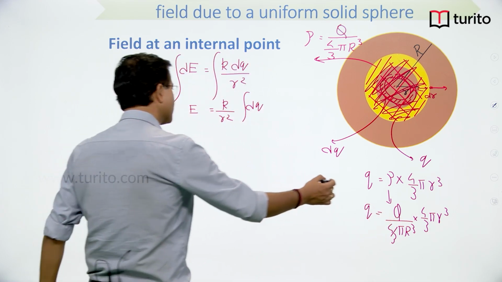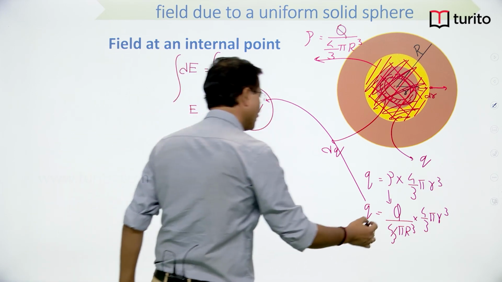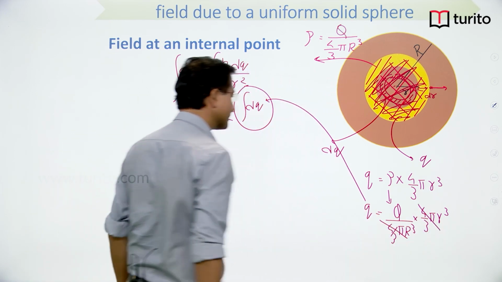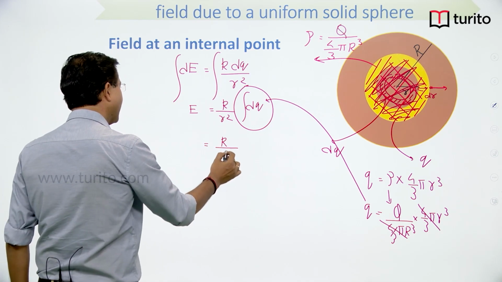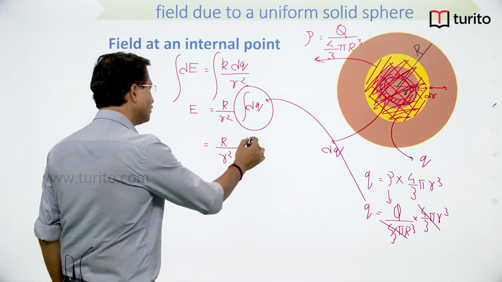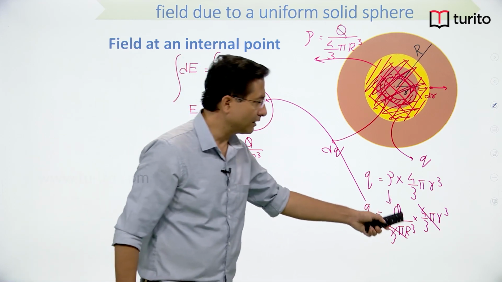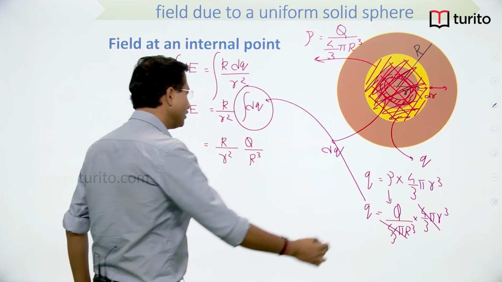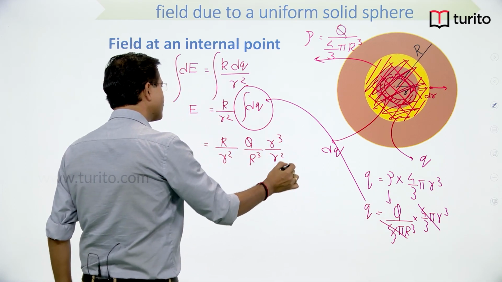So when you substitute this value here, the 4 by 3 pi, 4 by 3 pi will get cancelled out. So we are left with K R square, Q divided by R cube, into small r cube, divided by R square.